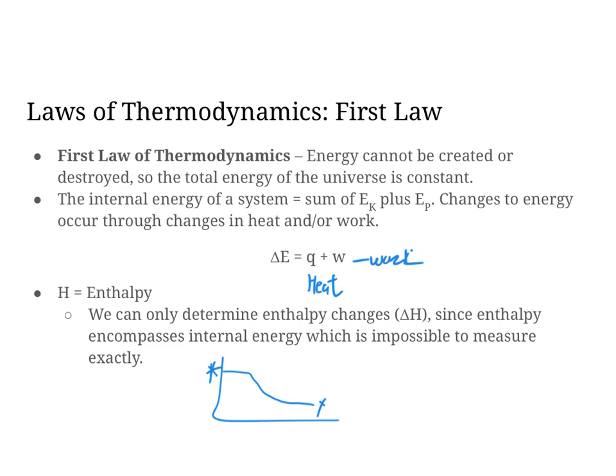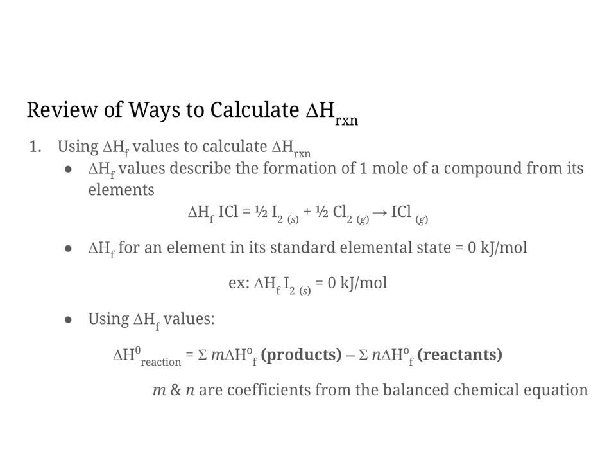So what we end up doing is calculating the change in enthalpy of formation, and we use those values that are always given to us in a table or a chart, or we can calculate them, but we use those enthalpy of formation values to calculate the change in enthalpy of the reaction.